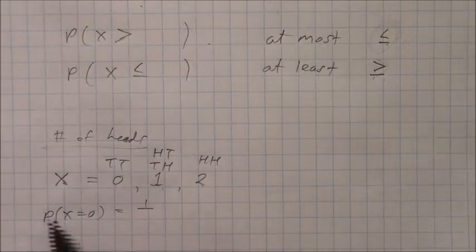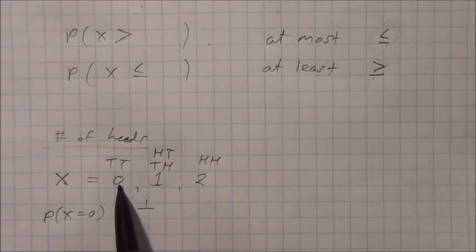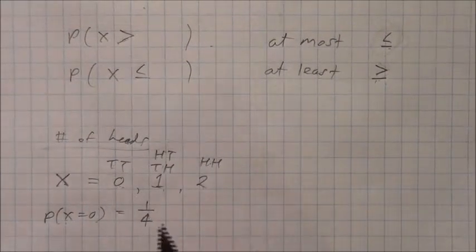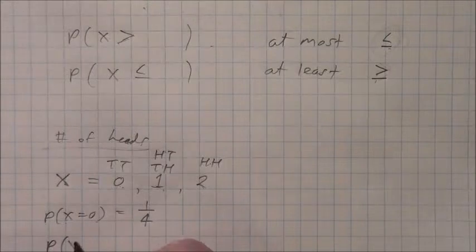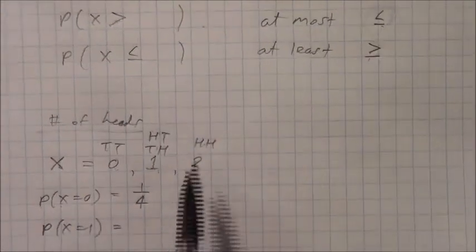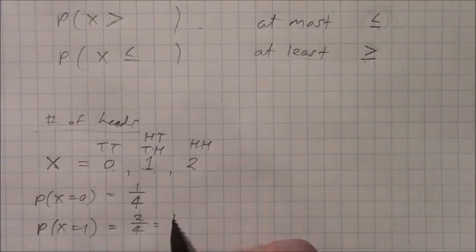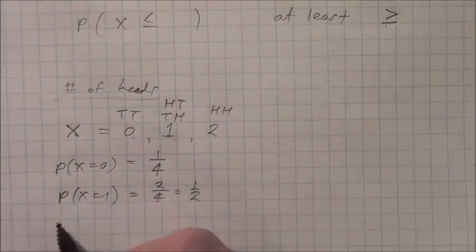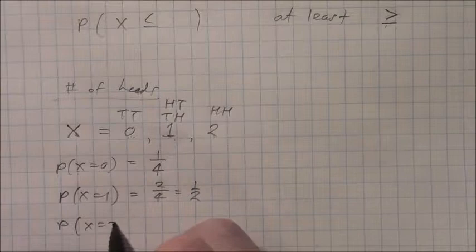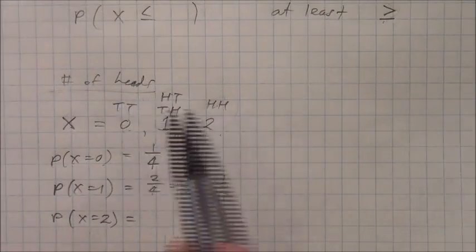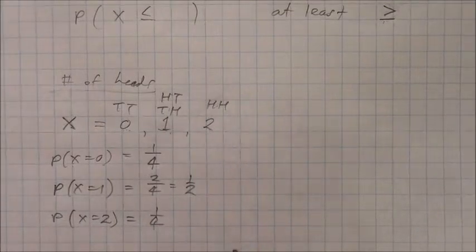So the probability that x equals 0, where there are 0 heads, is going to be 1 out of 1, 2, 3, 4, so 1 out of 4. The probability that x equals 1, so 1 head, well, we've got 2 possibilities there, so it's going to be 2 out of 4, which simplifies to 1/2. And then the probability that x equals 2 is the only possibility out of the 4 outcomes, so it's going to be 1 out of 4.